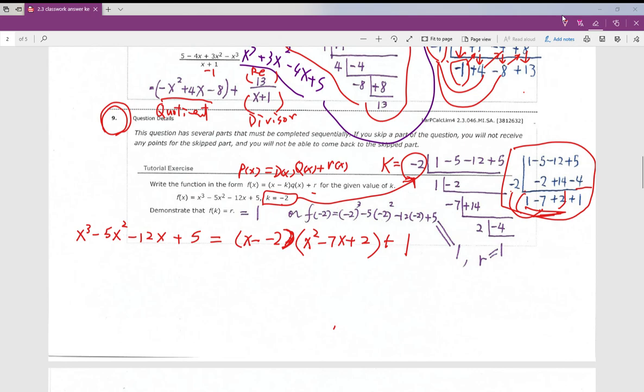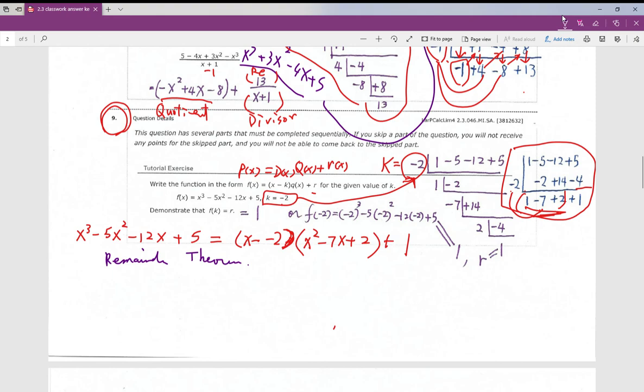But right now, a very important thing called the remainder theorem. The remainder theorem is telling you, if you understand this theorem, basically you don't need to use division to find the remainder.